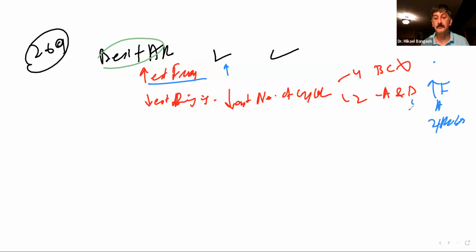D was 2 megahertz. So it becomes system A, which has the lowest number of cycles and the highest frequency. That will give us the best axial resolution.